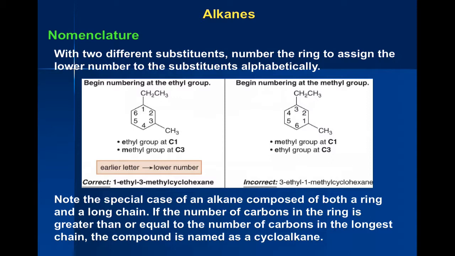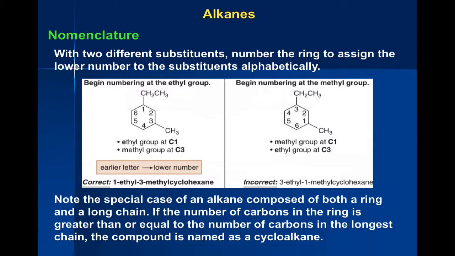But you always are going to assign number 1 to the substituent based on where it comes in the alphabet. So ethyl comes before methyl, and so you're going to start here and number clockwise. So we have 1-ethyl-3-methylcyclohexane is the name of that particular molecule. Okay?